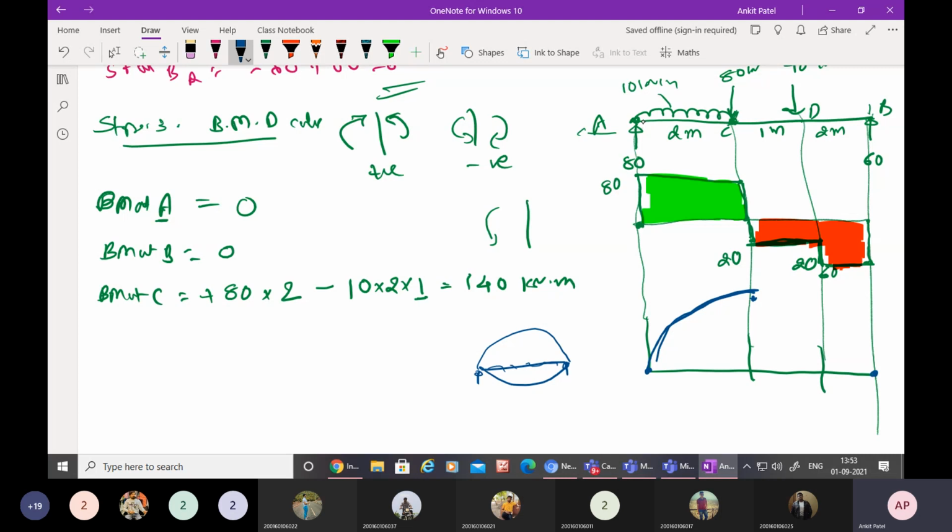Otherwise you can take every location of this AC beam, find the value, and join them, then it will be a parabolic shape. Sure. Student: Sir, will UDL always give a parabolic shape? Yes.